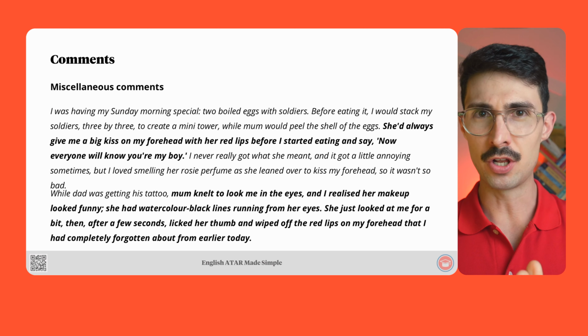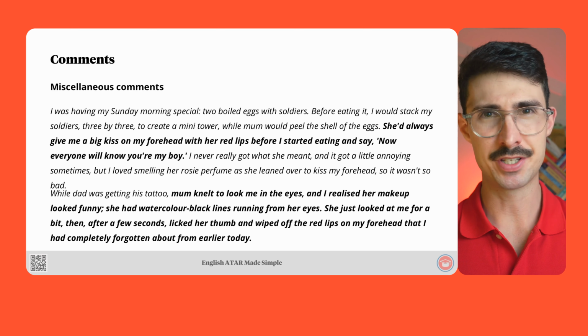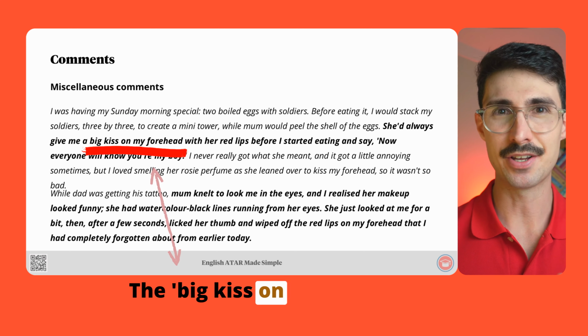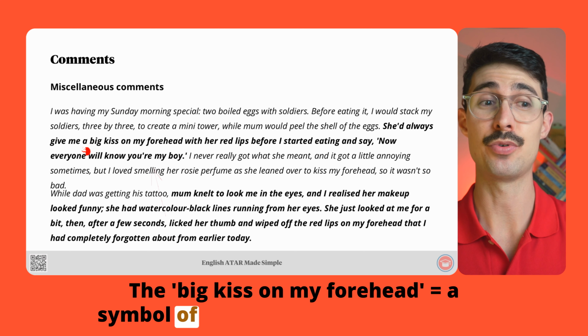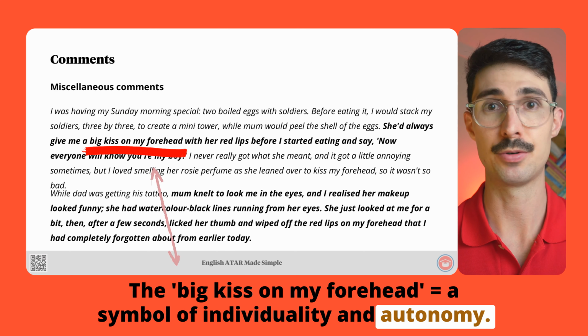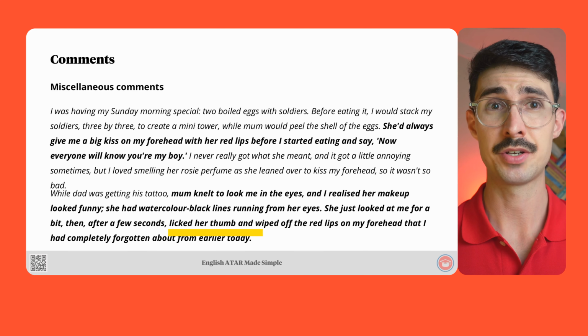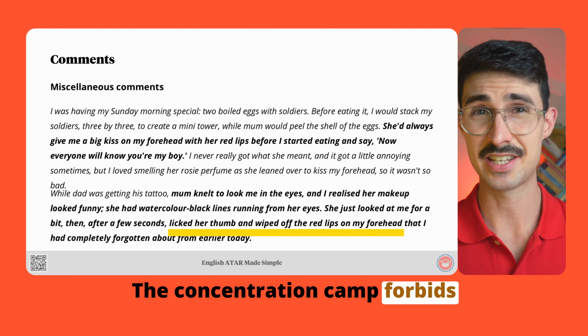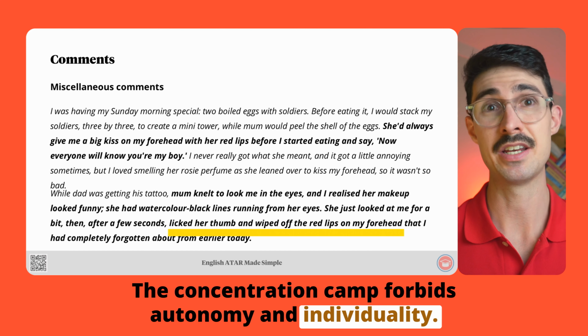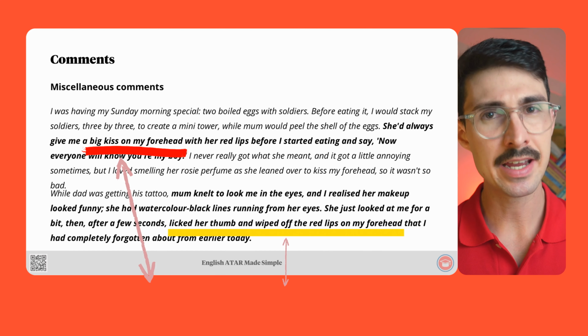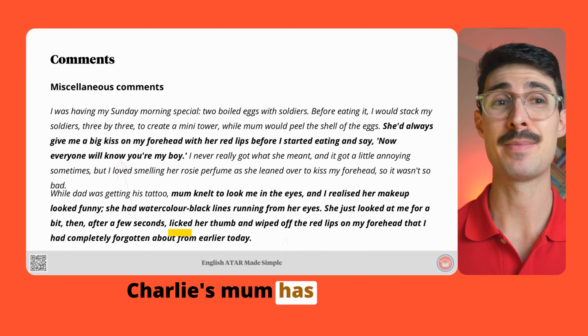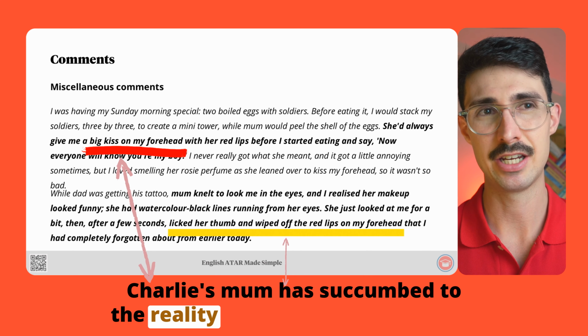The following extracts highlighted on the slide depict the big kiss on my forehead as a symbol of individuality and autonomy. Charlie's mum then wipes off the red lips before entering the concentration camp, which itself forbids autonomy and individuality. Ultimately, these extracts suggest that Charlie's mum has succumbed to the reality of a concentration camp.